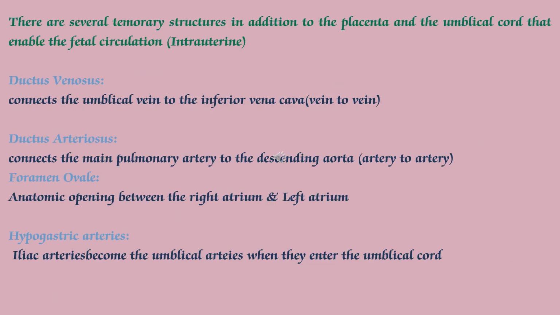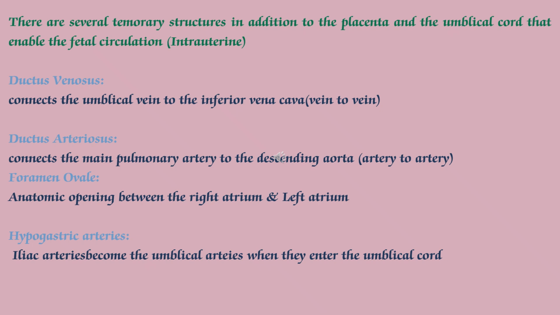During the intrauterine period, there are several temporary structures in addition to the placenta and the umbilical cord that enable the fetal circulation. They are the ductus venosus, which connects the umbilical vein to the inferior vena cava. This connection is vein to vein.